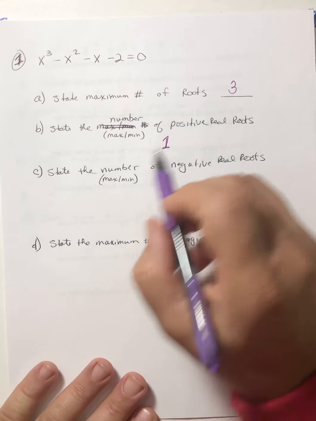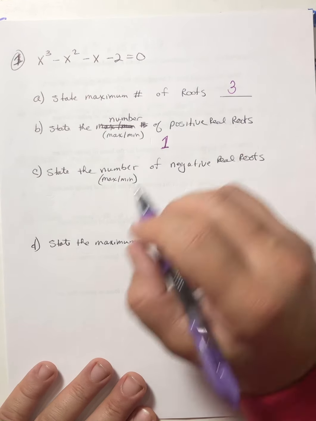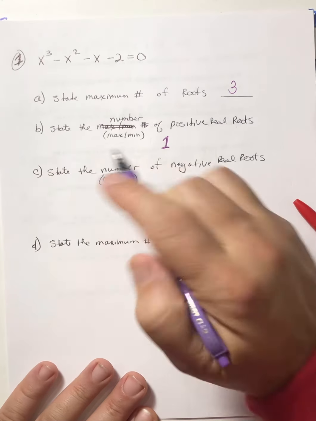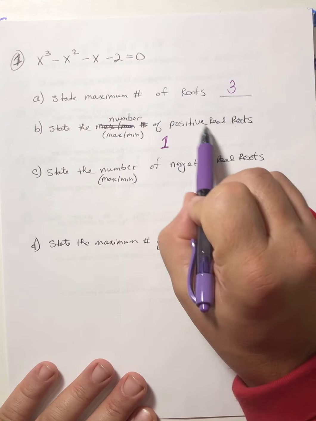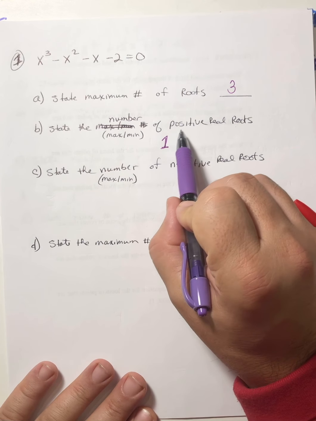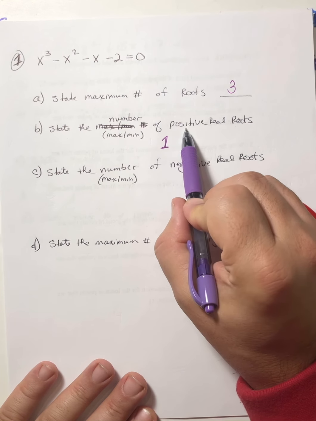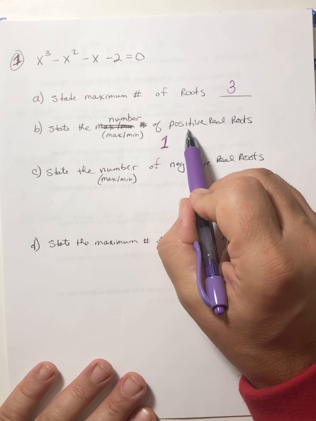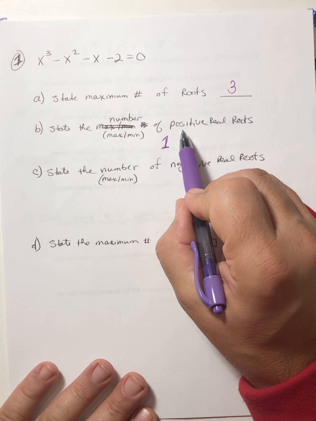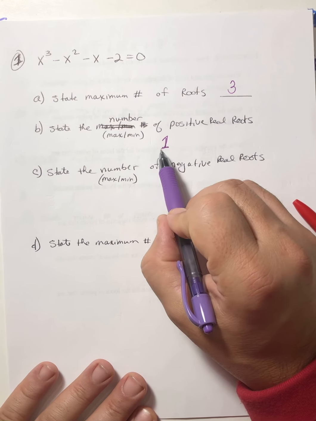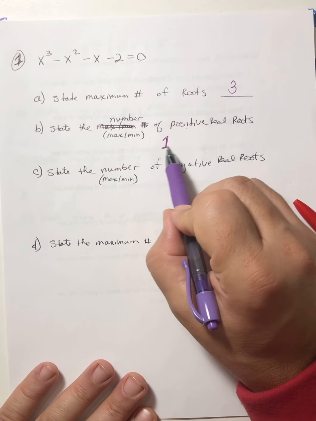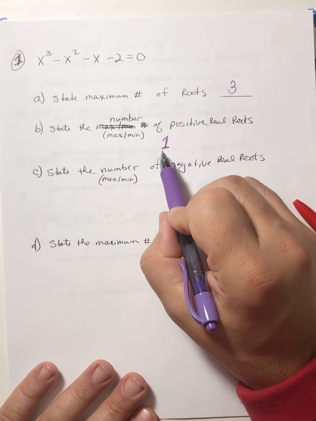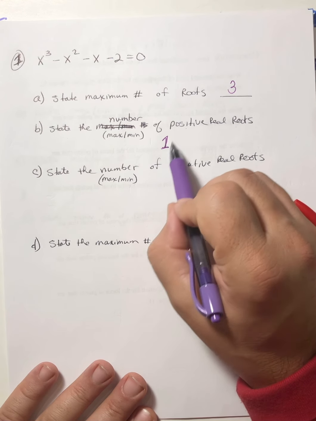This says nothing about negative. If they're not positive, you cannot say they're negative, because they could be negatives, or they could be imaginary roots. So right now, the only thing we know is you have the potential for 1 positive real root.